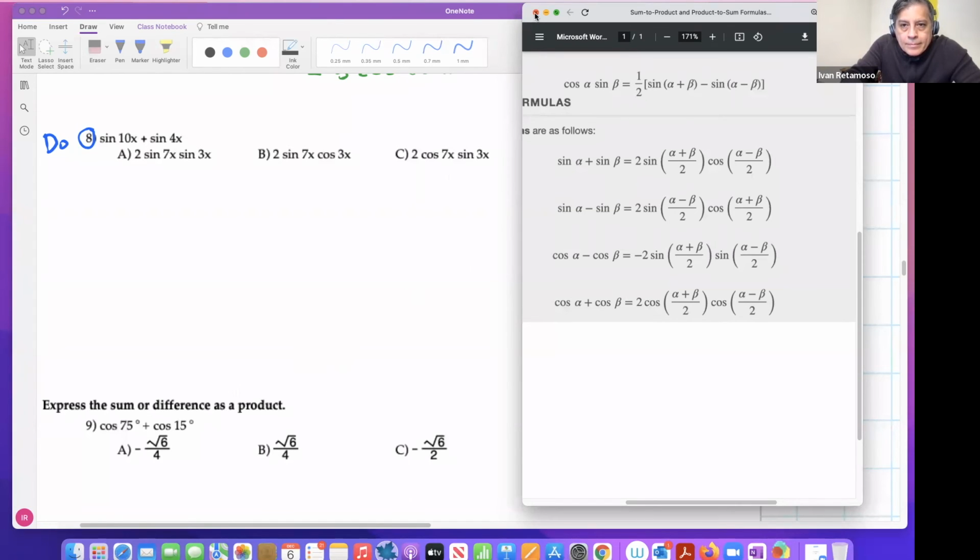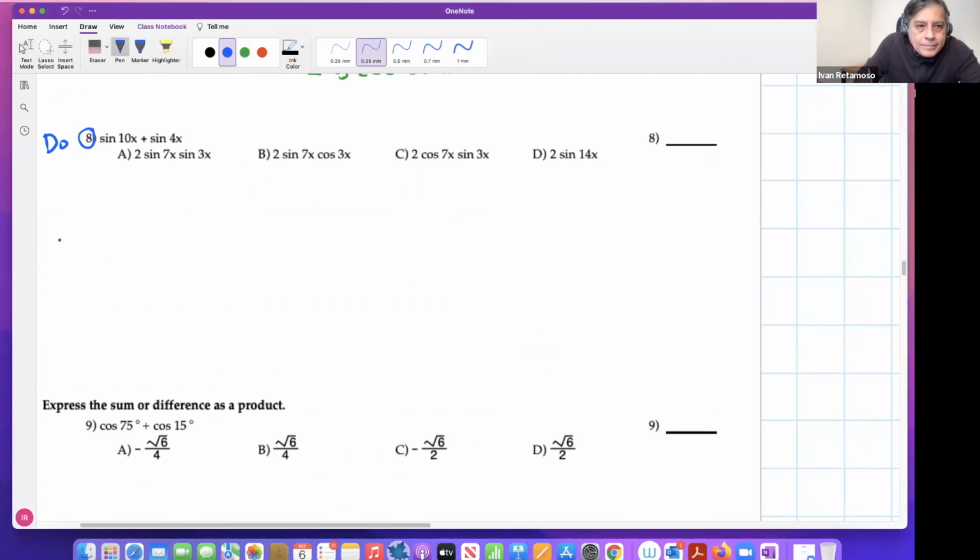Okay, so using the first formula, sine of 10x plus sine of 4x, calling this angle alpha and calling this angle beta, we're gonna have, this is equal to twice, remember twice, sine of alpha plus beta over 2, but alpha is 10x plus beta is 4x over 2, multiply by cosine of alpha minus beta over 2.